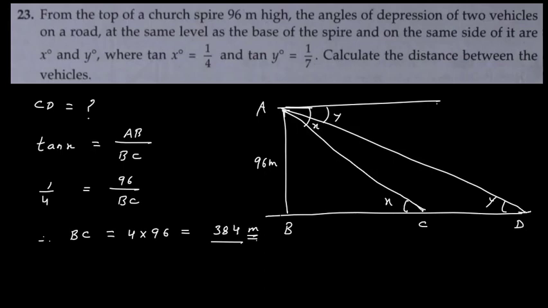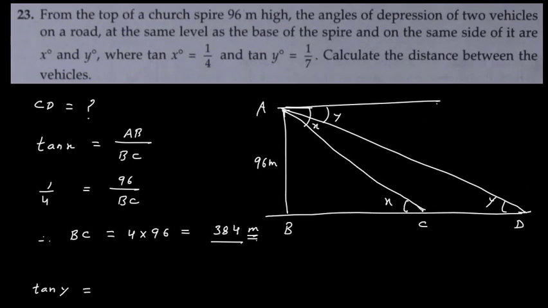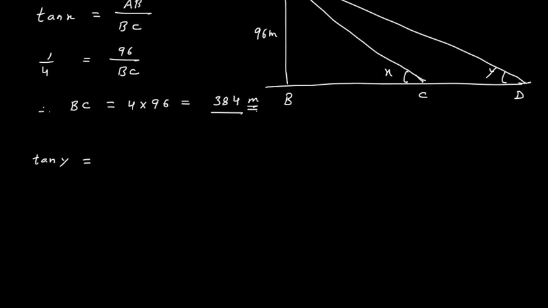Okay. Then we will apply tan y. Now tangent of y, that is tan y. Tan y is equal to AB upon BD. Tan y is AB divided by BD. So therefore tan y, I will say it is 1 divided by 7, which is equal to 96 divided by BD.